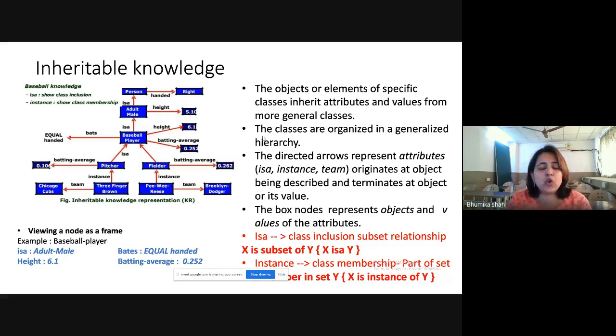Not the attribute, but the value of the attribute. Attributes are written on the directed edges. Wherever you have directed arrows, those arrows are labeled by the names of attributes. So attributes are written on the arrow. Are you getting this? Okay.